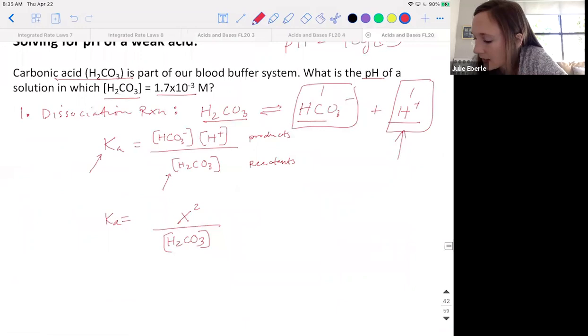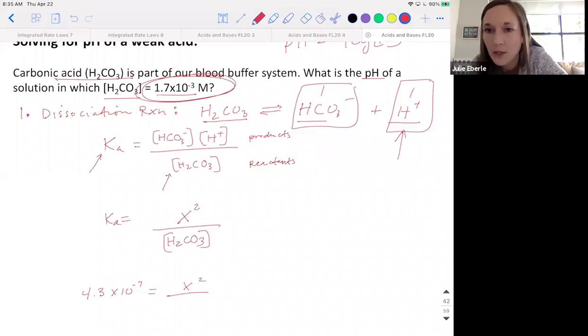That is Ka. So I'm going to say 4.3 times 10 to the minus 7 is going to be equal to X squared divided by our initial concentration of the acid, 1.7 times 10 to the minus 3 molar. That was the initial concentration of H2CO3.